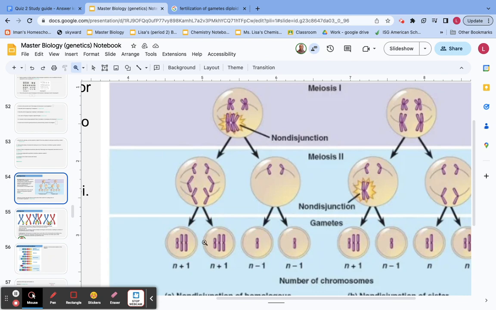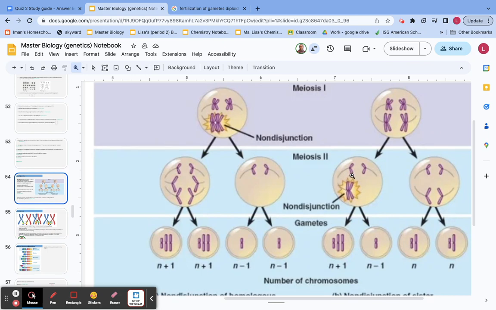What is the result? If it happens in meiosis 1, half of our gametes will have an extra chromosome, and half of our gametes will be missing a chromosome. The same thing can happen in meiosis 2 with the sister chromatids. If our sister chromatids fail to separate properly, then we'll end up with one of our gametes having an extra chromosome and one of our gametes missing a chromosome.